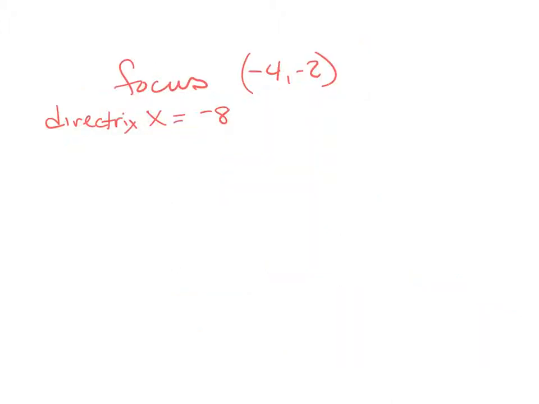The first thing you have to do is figure out what side of the formula sheet you're on. Well, if a focus is -4, -2, that doesn't tell me anything because I don't know what side of the formula sheet I'm on. But look at the directrix. Look at the formula for directrix. Which side of the formula sheet am I on if the directrix is x equals -8?